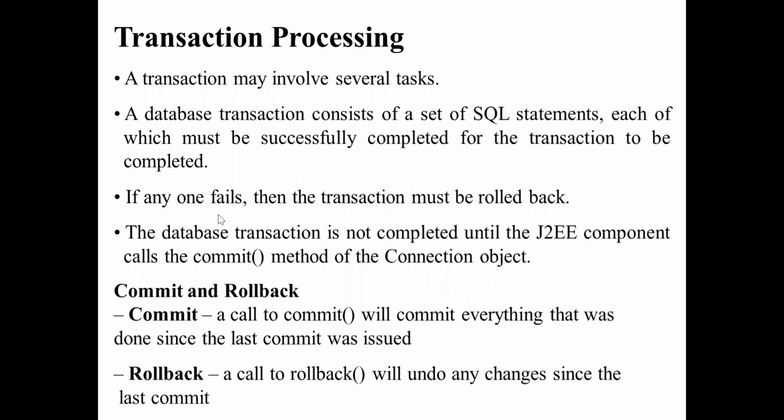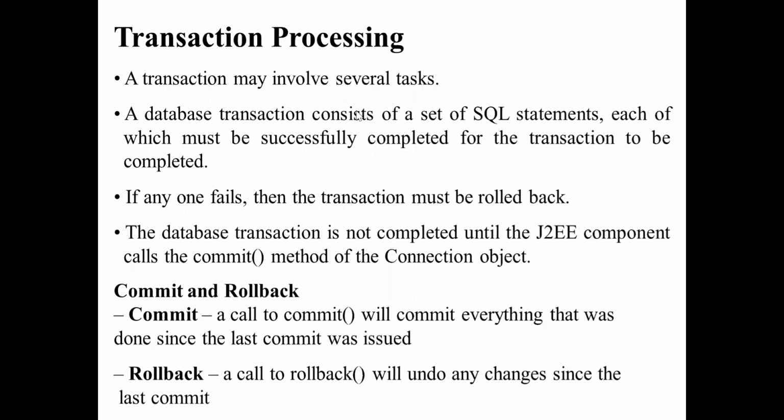If any one of the SQL statements fails, then the transaction must be rolled back. The database transaction is not completed until the J2EE component calls the commit method of the connection object. So the transaction is not completed until we use the commit method.